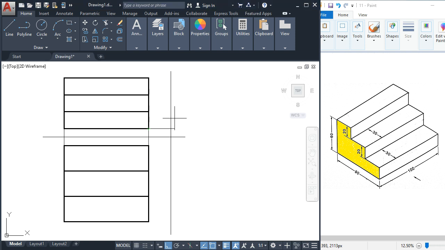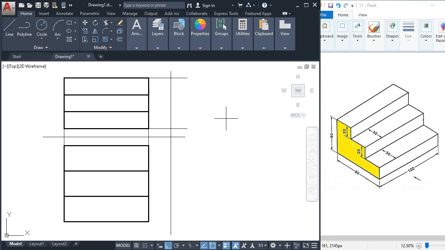Like this, from the bottom line we'll take a projection line up to some length, and from the top line also we'll take a projection line of the same length. Here we'll draw this 90 line and 60 line.